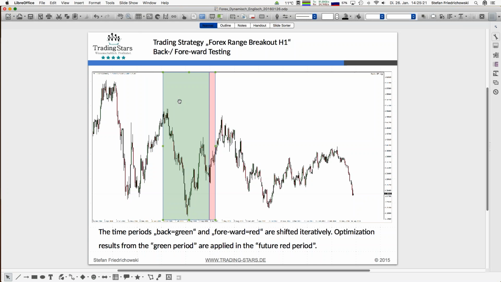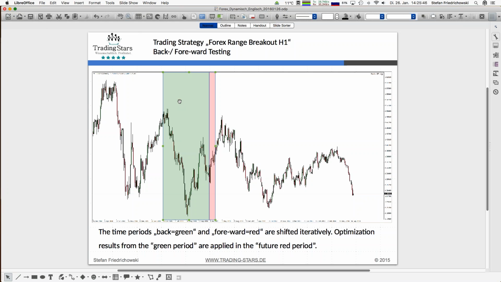Finally, that means that whenever I talk here now of an equity curve, it's always derived in the then following future. So it's not a normal backtest we do here. It's an iterative process which always goes into the then following future.